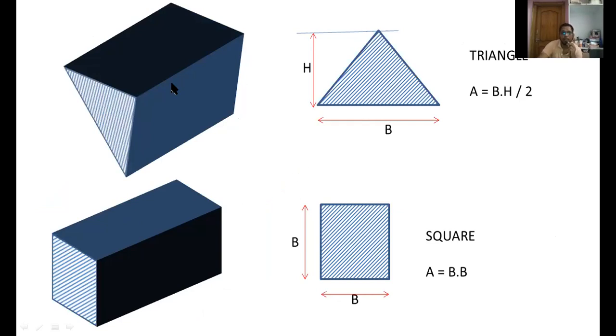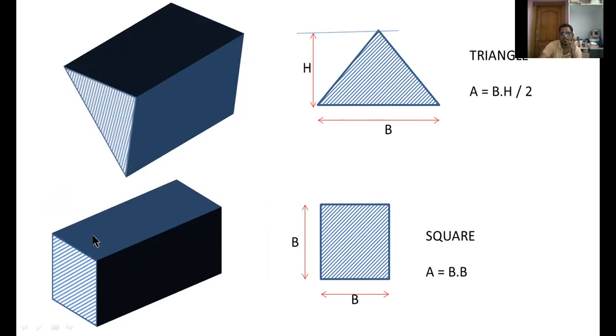Now this is a triangular bar, a solid triangular bar having base capital B and height h. The area of a solid triangle, capital A, equals half into base into height. This is the formula for a triangle.